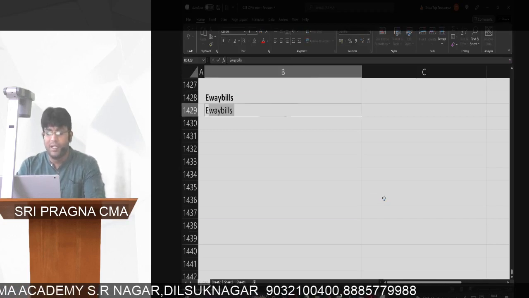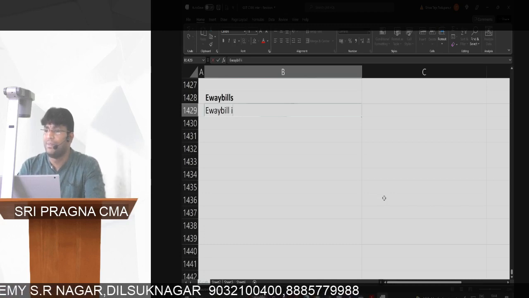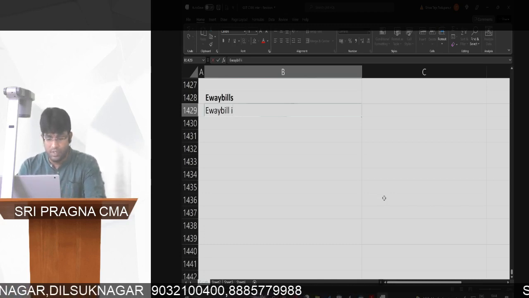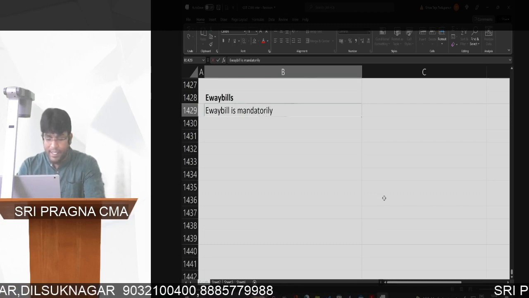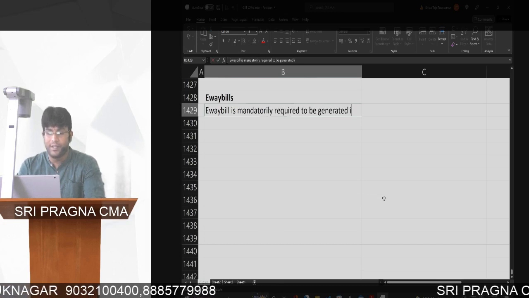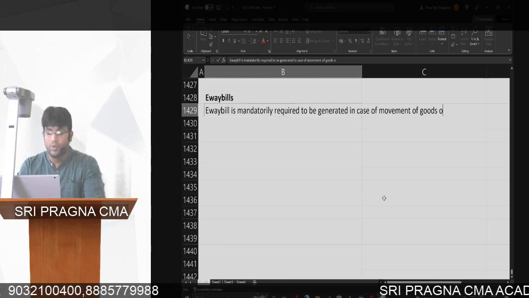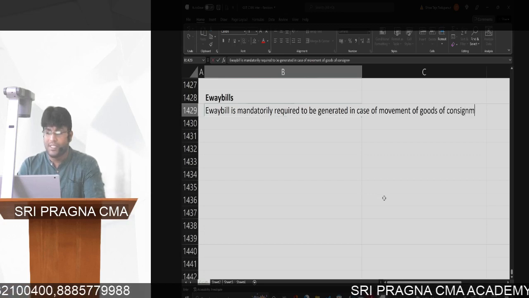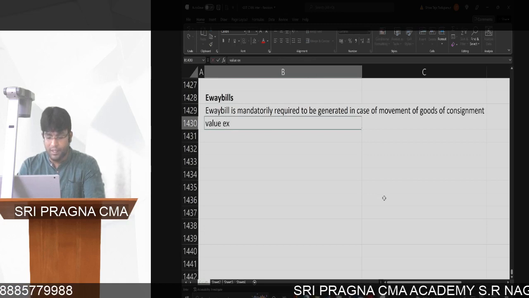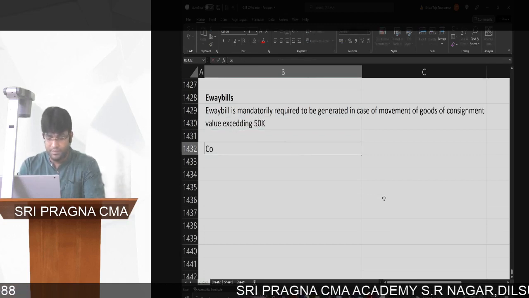Friends, what is an e-way bill? First of all, the purpose of e-way bill is what? Basically to track the movement of goods. E-way bill is only in case of goods. E-way bill is mandatorily required to be generated in case of movement of goods of consignment value exceeding 50,000.